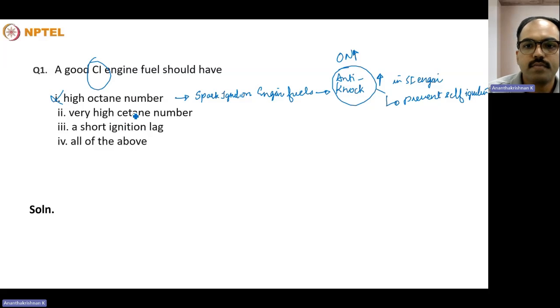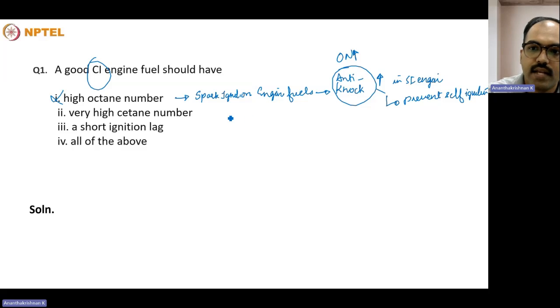Then the second option is very high cetane number. So what do you mean by cetane number? Cetane number is a number just similar to the octane number, but it is used in the case of CI engines. A fuel with a high cetane number will have a low ignition delay, that is, between the point of injection of the fuel and the starting point of the ignition. It will have a shorter delay.